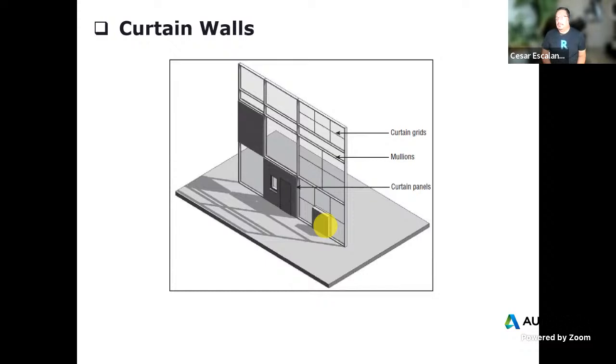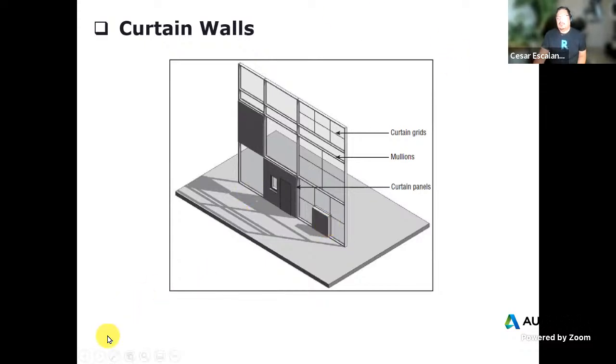And the manual method is a system of creating a curtain wall in which the user decides where you want your curtain grids. So you have to manually place each of the curtain grids and decide what is the width and the height of the curtain panels.